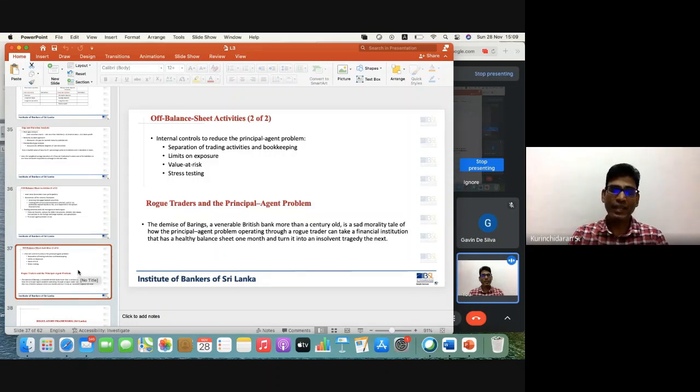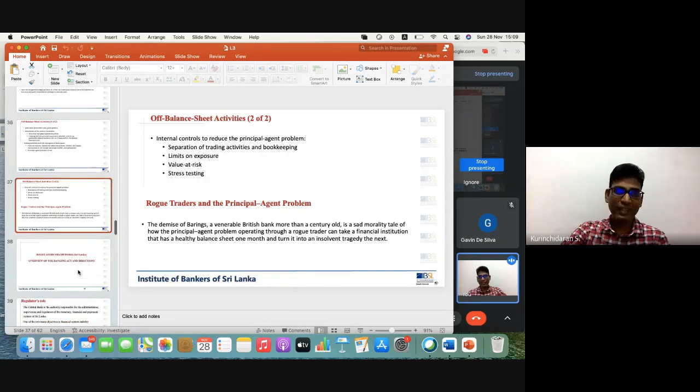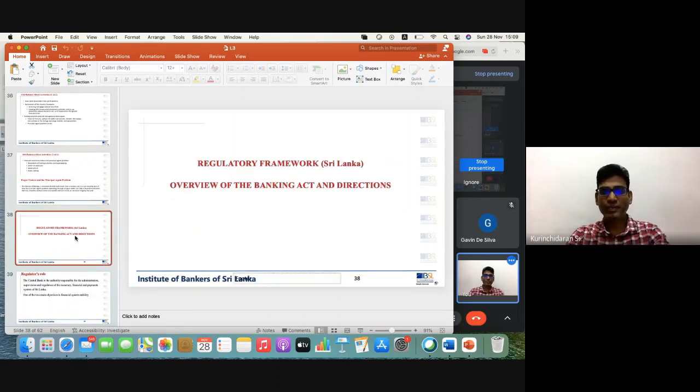Okay, so under financial institutions, one more section we have to discuss, that is regulations, right? What I'm going to discuss here is not the Fed or US regulations, it is Sri Lanka banking sector regulations.